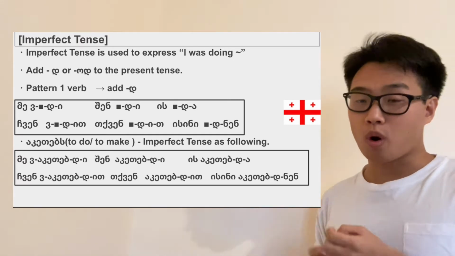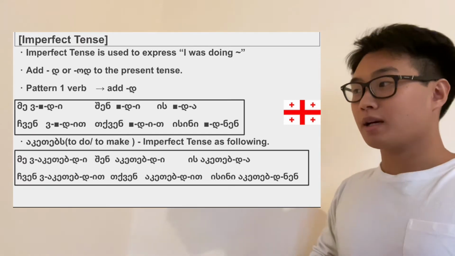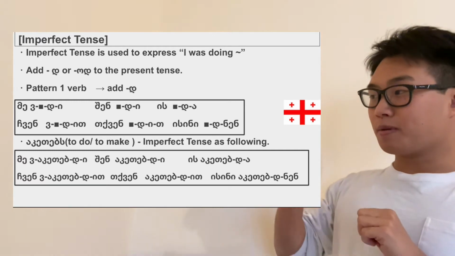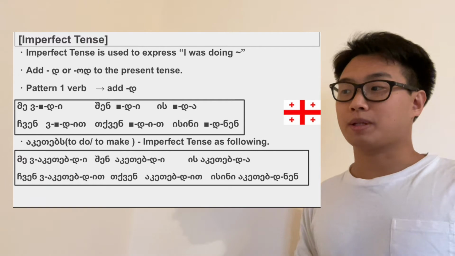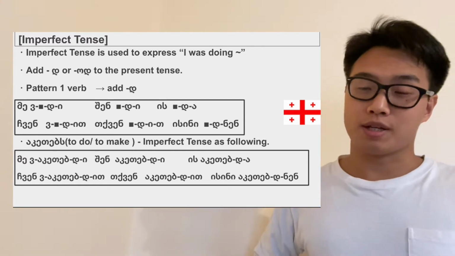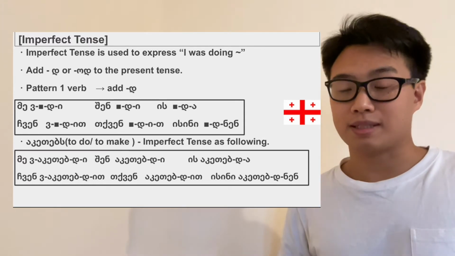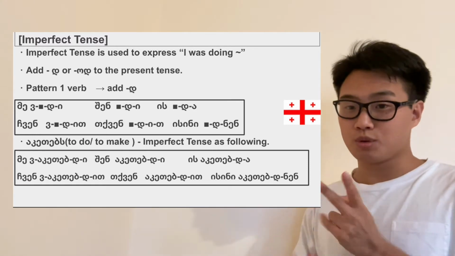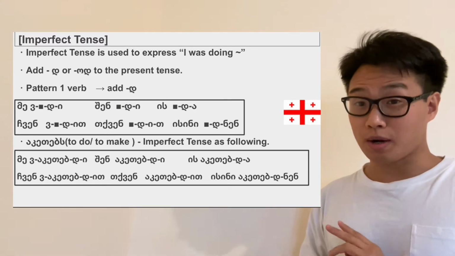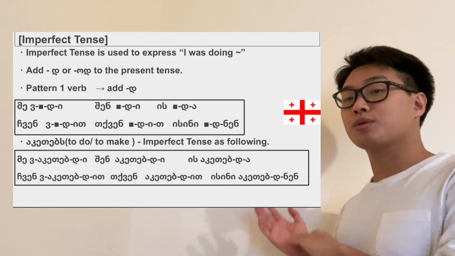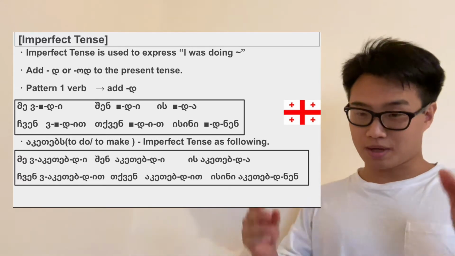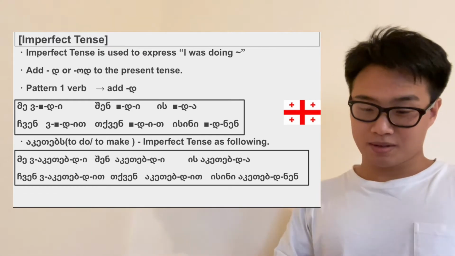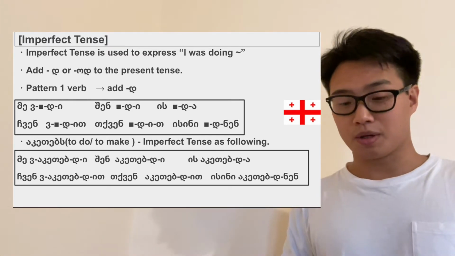It's about the pattern 1 imperfect tense, and after this slide I prepared another slide which is about the pattern 2, pattern 3 verbal conjugation, imperfect past progressive tense. So we have two slides for the grammar instruction, and then we are going to see the examples. It's not that hard, so that's why I put them all together in this video.